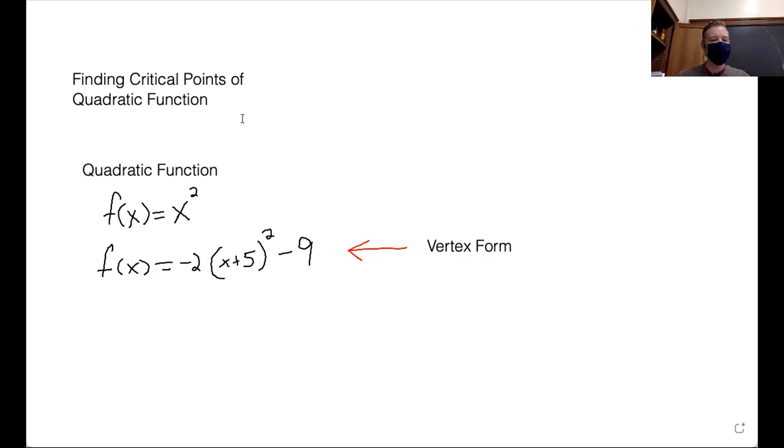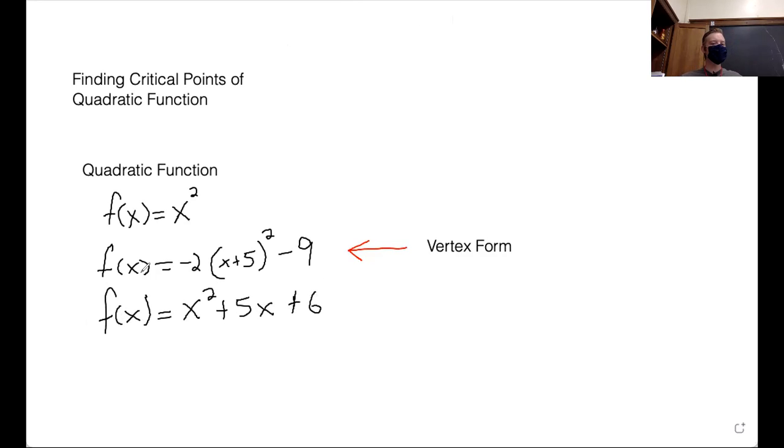We can also have functions that are in what we call standard form. And we'll definitely spend a lot of time with this form in the next unit. So we have x squared plus 5x plus 6.